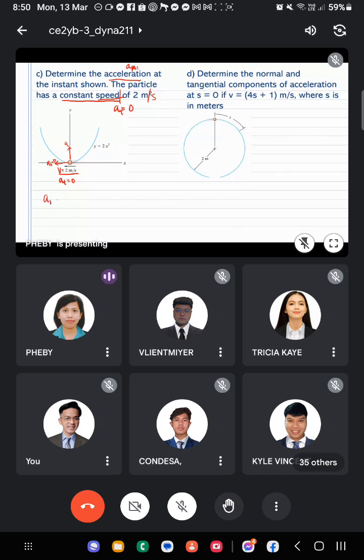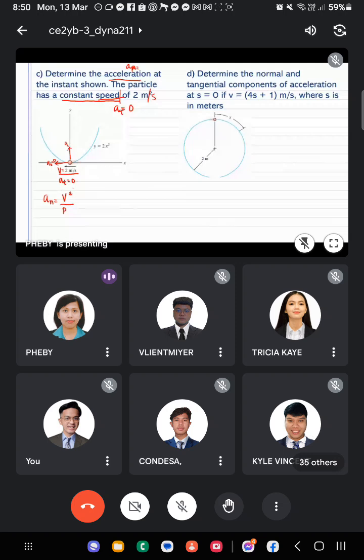For our normal acceleration, this is velocity squared over rho or R. Yung curve is given as y is equals to 2x squared.